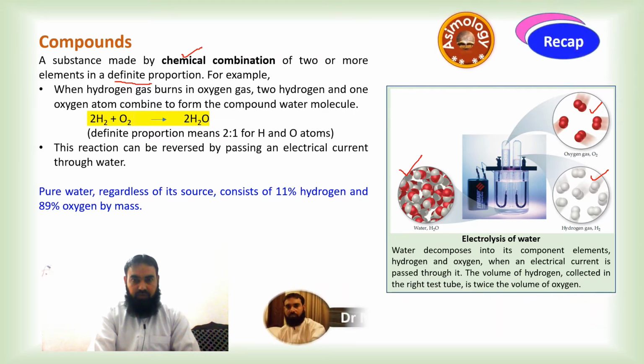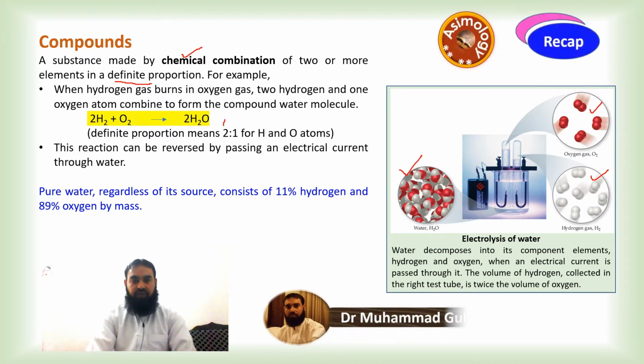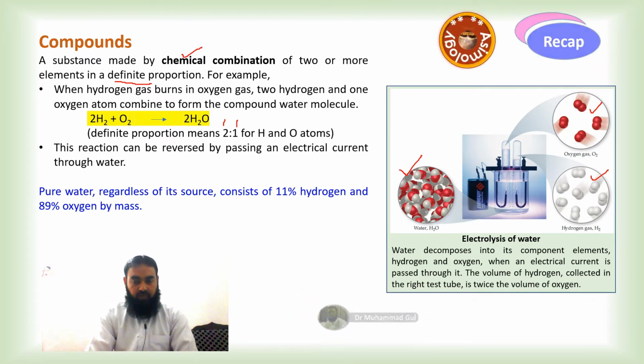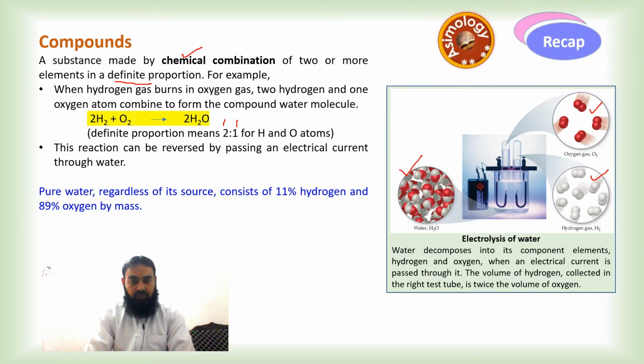There will always be two hydrogen and one oxygen atom in a water molecule, regardless of its source. It doesn't matter from which source you are getting water, whether you are getting water from rain, from a pond, from a river, from the sea, or other underground water. All these sources will give you water containing two hydrogen atoms and one oxygen atom in its molecule.